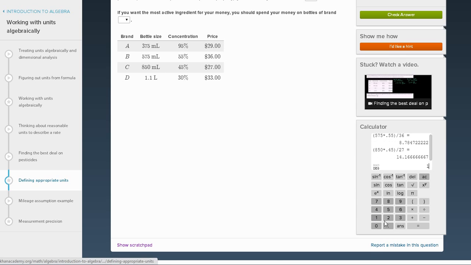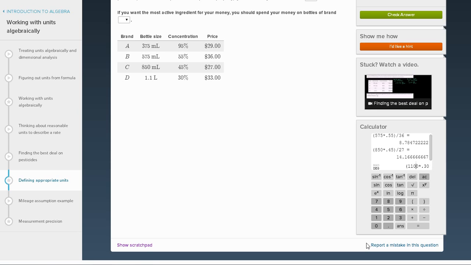How about 1.1 times 0.3? Oh boy, that wasn't right. Can I go back? Oh, good. Let's go 1100. Yes, that's better. Times 0.30, and then I better do a parentheses around all of that.